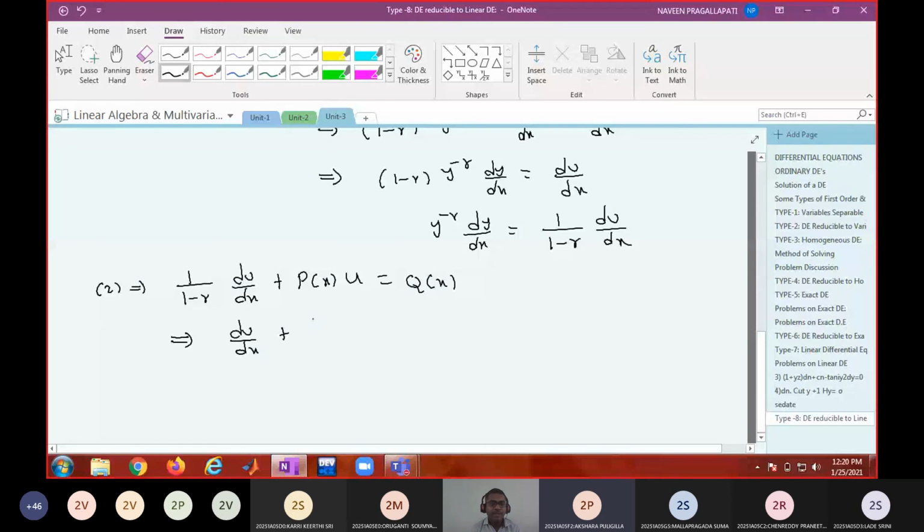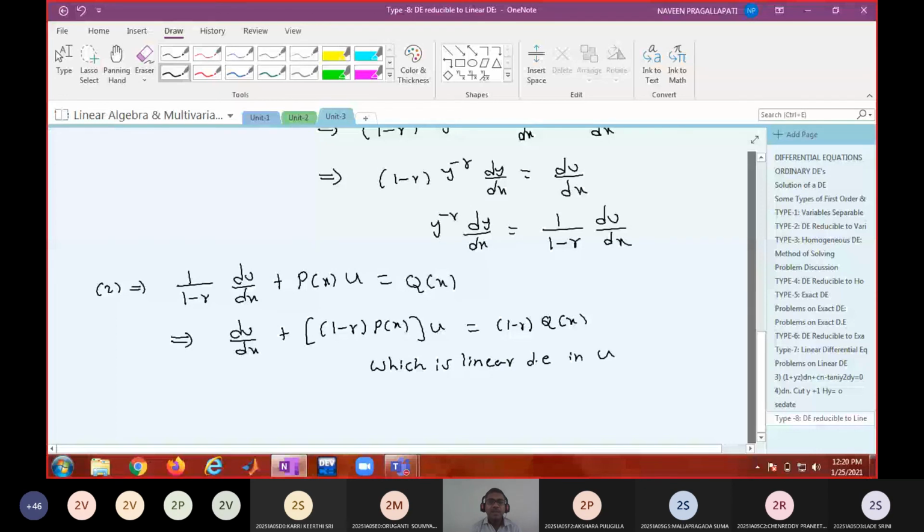So du by dx plus 1 minus r into p of x into u equal to 1 minus r into q of x. Now, is it not linear in the dependent variable u?